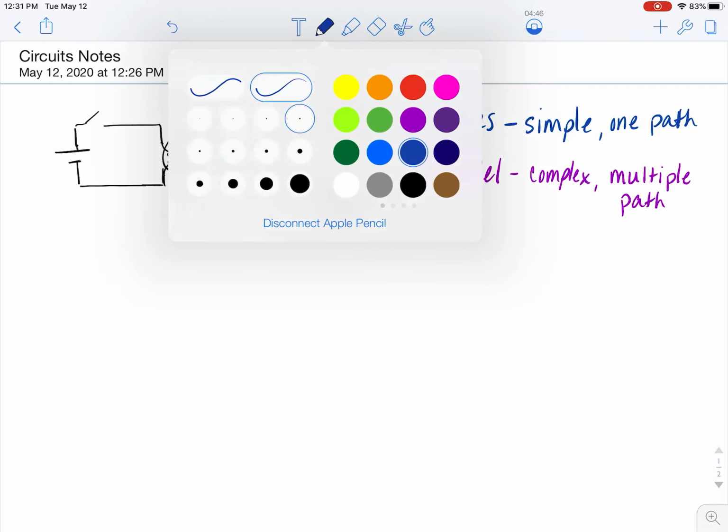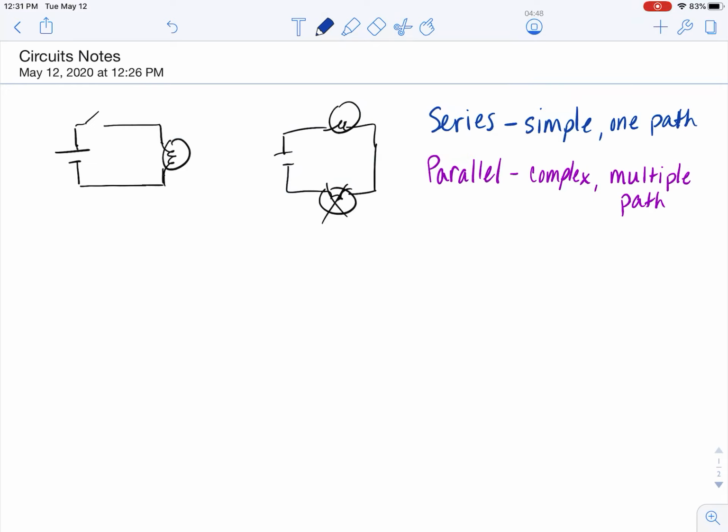So let's look at a diagram for a series circuit. If we have a series circuit with only one device, then it looks just like the diagram above. If we have a series circuit with multiple devices, then we need to make sure we understand what happens and how having multiple devices affects our circuit.